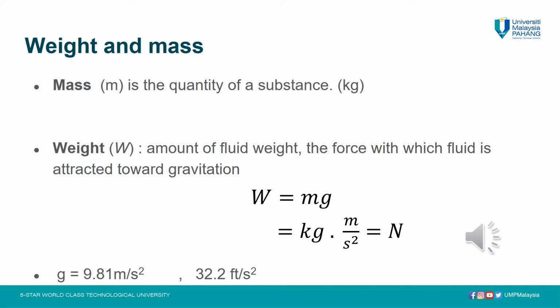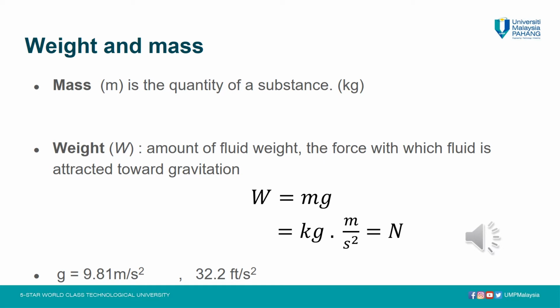A rigid distinction is made between weight and mass in this course. Weight is a force and mass is the quantity of a substance. We relate these two terms by applying Newton's law, stated as force equals mass times acceleration, or F = ma.